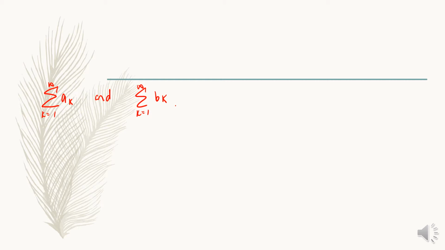Then what you're going to do is look at the limit as n approaches infinity of a sub n over b sub n. So I'm looking at the terms of the first divided by the terms of the second. If that equals a number, so not 0 and not infinity, then the two series behave the same way.